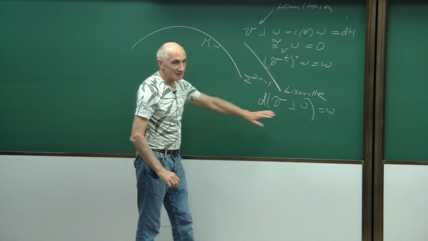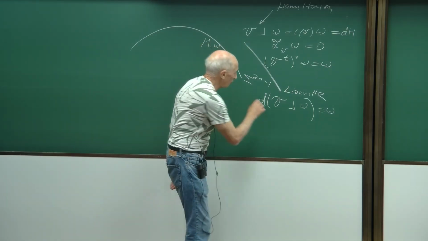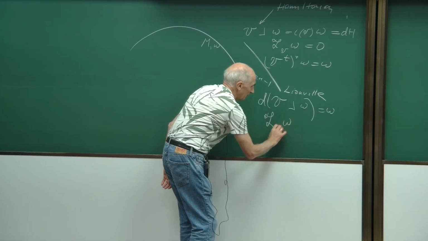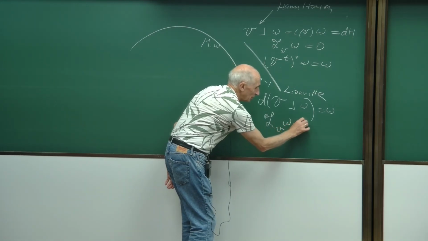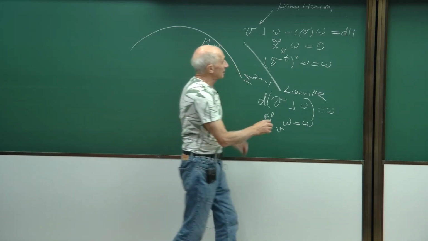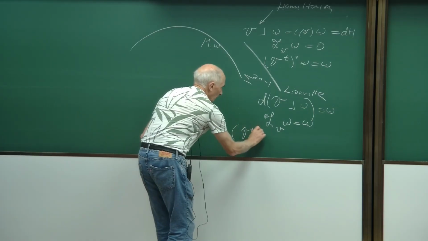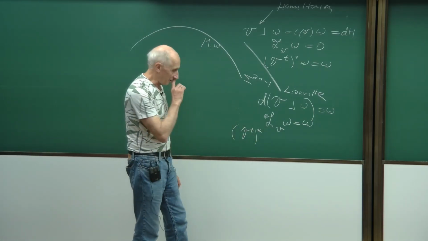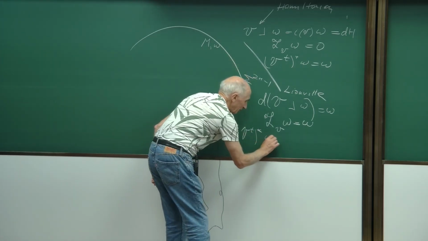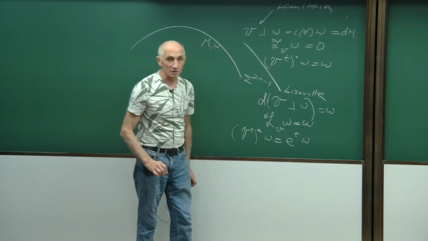And this is equivalent, via standard calculus of differential forms, to the Lie derivative of omega along V being equal not to 0 but to omega itself, which means that if I take the flow of V, then we are just multiplying omega by e to the t.